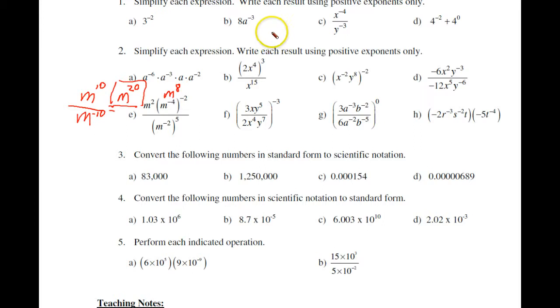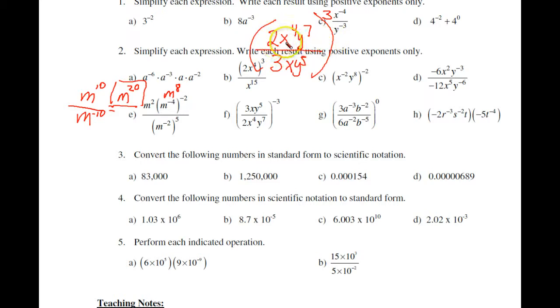So that's what I'm going to do. 2x to the 4th, y to the 7th. I'm taking this, putting it in the numerator. 3xy to the 5th. I've taken the reciprocal of that because now I can make this a positive 3. And that's going to help with the signs tremendously.